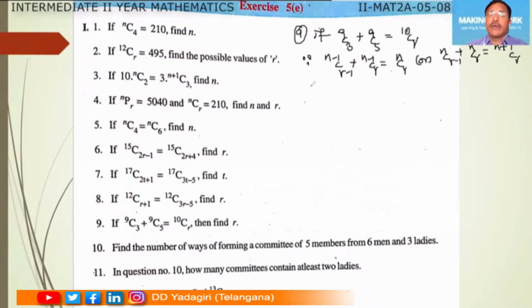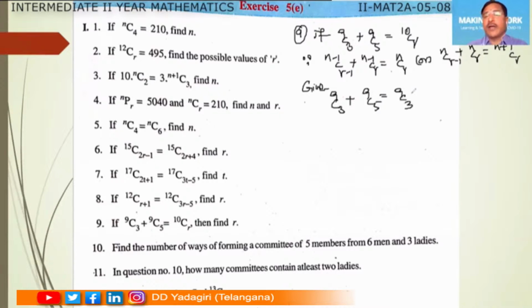Now we have given 9C3 plus 9C5. This is LHS. Is equal to, we can write 9C3. So here difference between these two R values must be 1. But here the difference between these two R values is 2. So therefore we have to change any one of these.